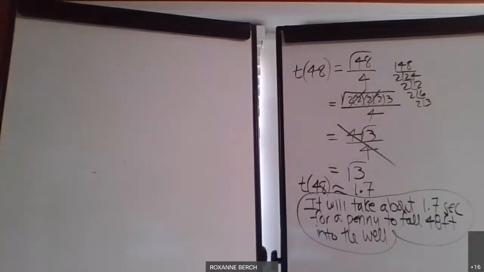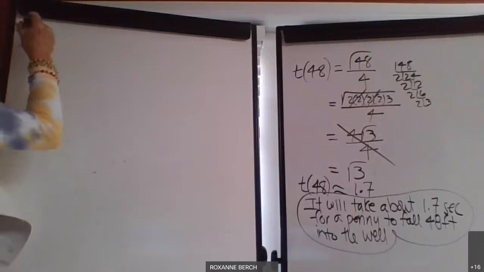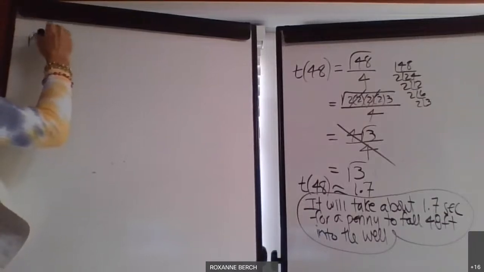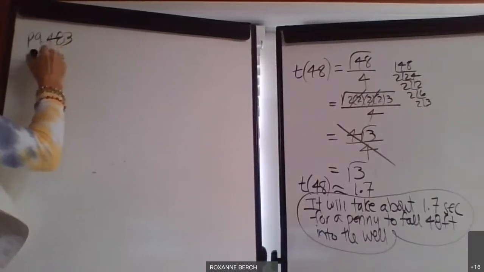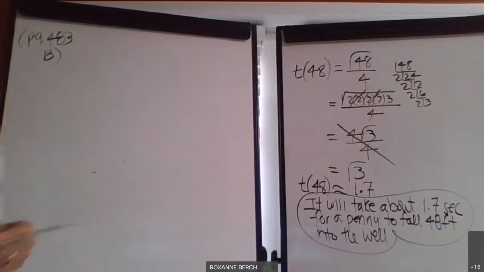So let's do another problem. This is on page 483b. This problem has to do with science. So the function E gives the kinetic energy E in joules of an 8 kilogram object, that's the weight, that is traveling at a velocity, which is speed, of v meters per second.